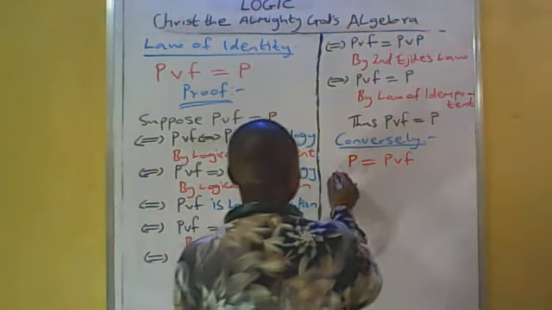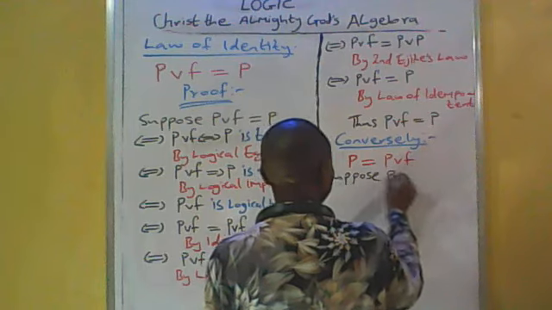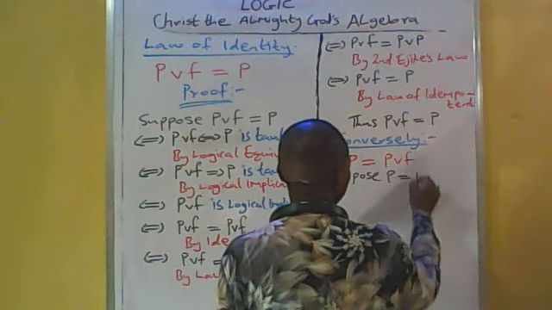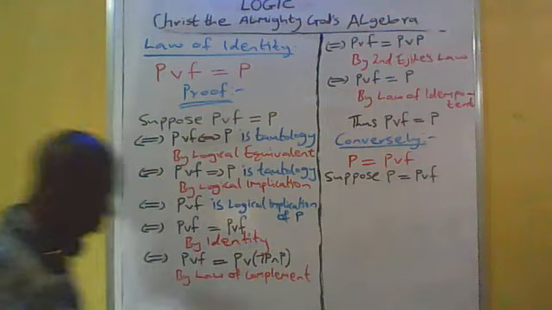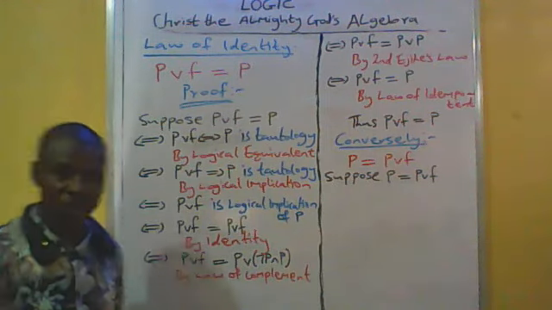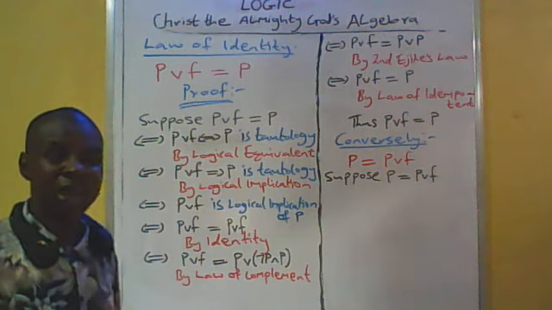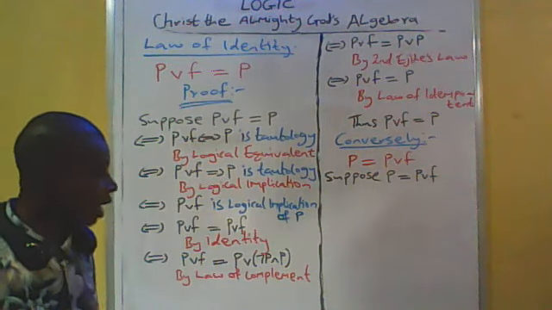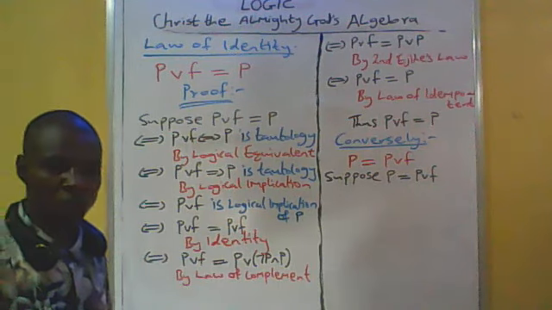So suppose P is equal to P or F. If you look at this equation, it is logical equivalent, that whenever the left side equation is true, the right equation is also true.